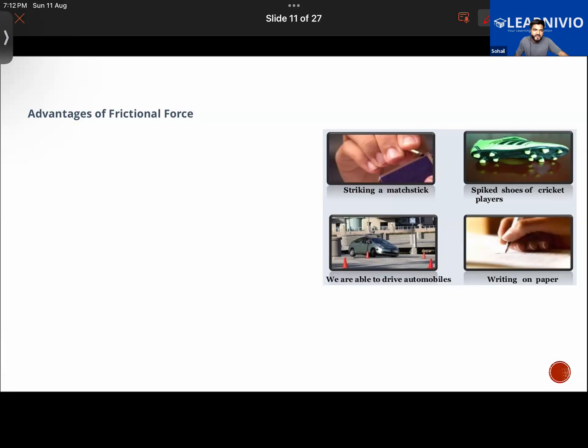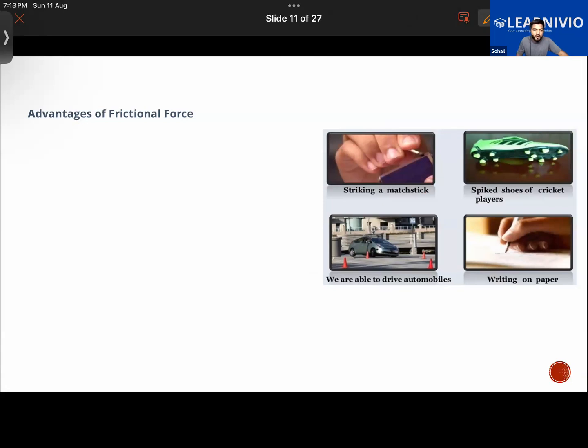It increases the grip, right? Increases our grip. And what else? Due to friction, heat is generated. That is why we are able to burn a matchstick. So there are different advantages of frictional force.